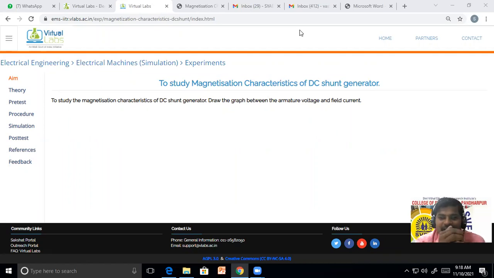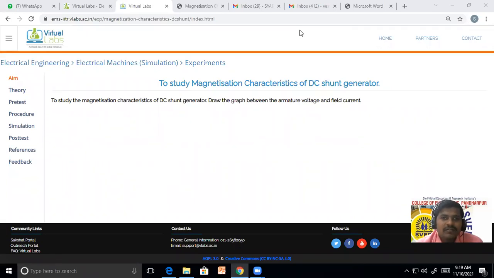The aim of this practical is to study the magnetization characteristics of DC shunt generator by using a virtual lab, that is by using a VLab. VLab is a platform to see the performance of a practical, or to conduct the practical virtually. The connections are the same, all the equipment is present in this lab, and we can just connect this equipment.